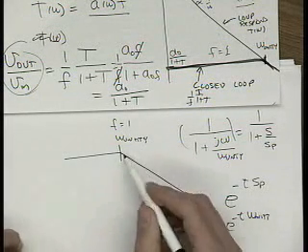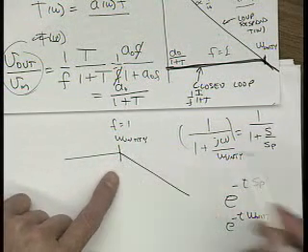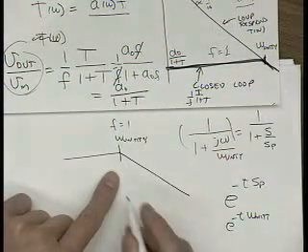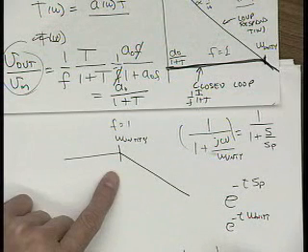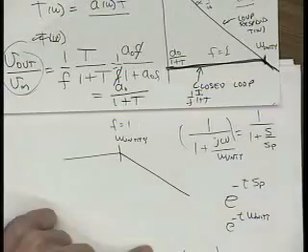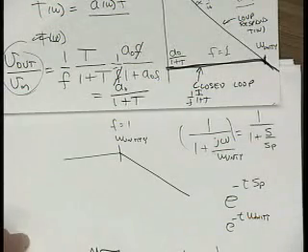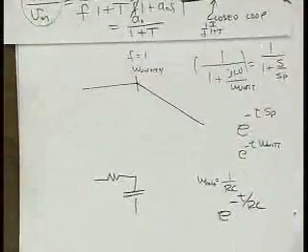So the time response of a single pole amplifier is related to its 3 dB frequency. If this is equal to RC, 1 over RC is our unity gain frequency. Then the time response associated with an RC circuit like this is e to the minus t over RC.